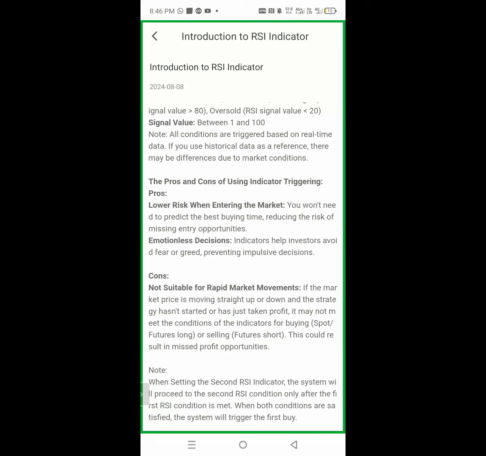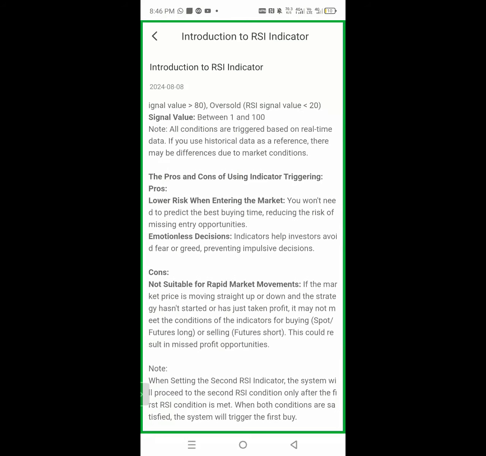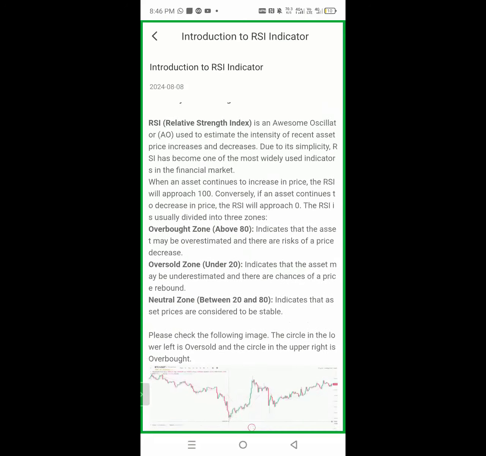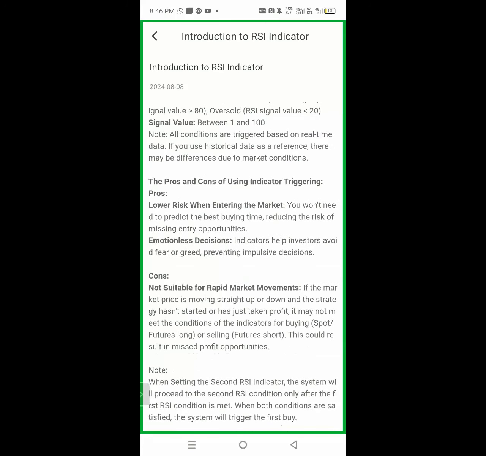So after the first condition is met, it must confirm that the second one is also met before it will start the trade. When both conditions are satisfied, the system will now trigger the first buy. So is there any question on this before we go to the trade?